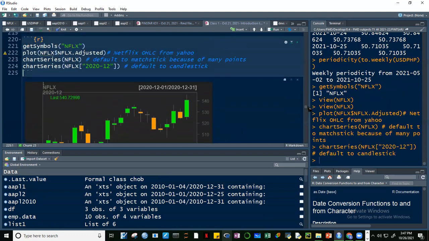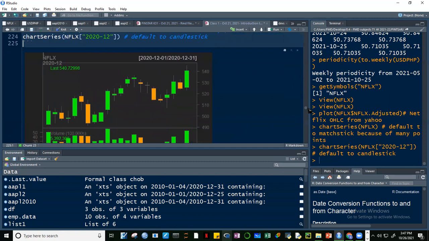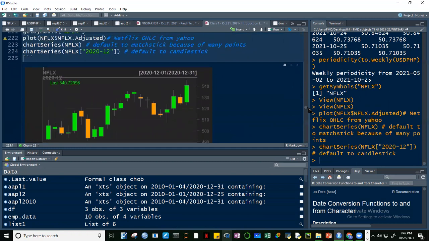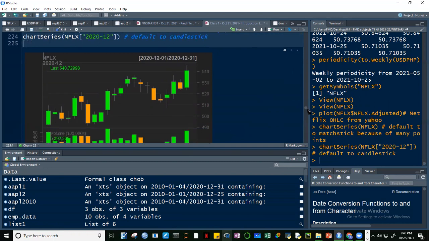What we saw a while ago was actually a candlestick, but since it's so small because of the wide range of data, from January 3, 2007 up to December 31, 2020, we cannot really see the candlestick. So what's the candlestick, guys?